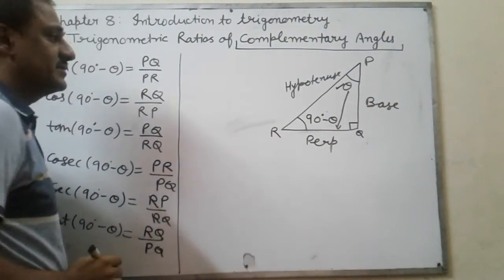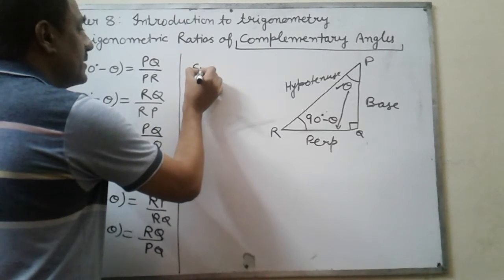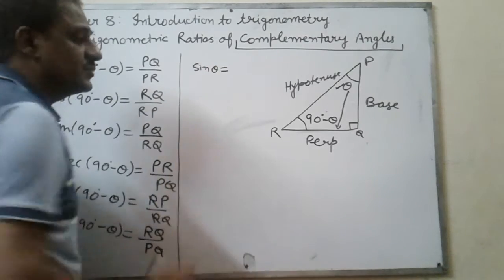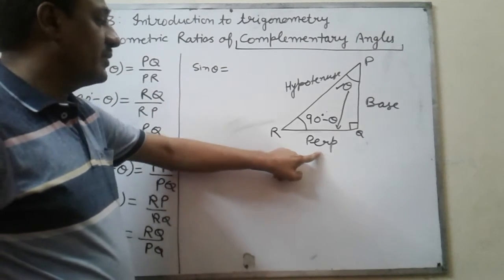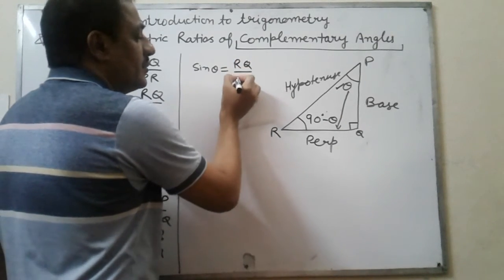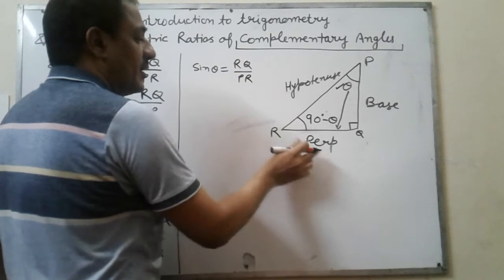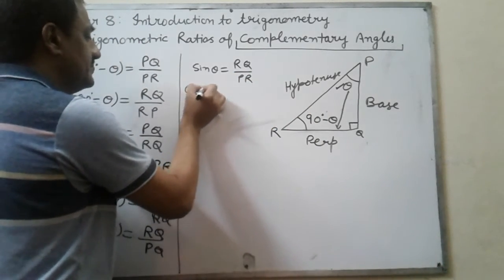Now I am going to write sine theta. Sine theta is equal to what? As you know, in case of sine, perpendicular upon hypotenuse, RQ upon PR. Similarly, you can write cos theta.